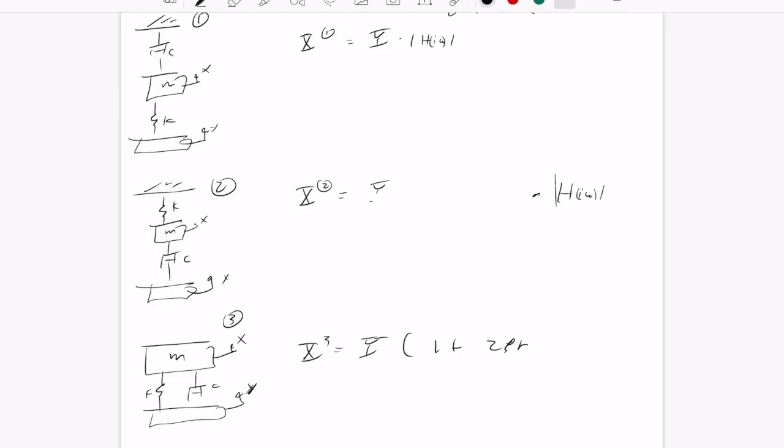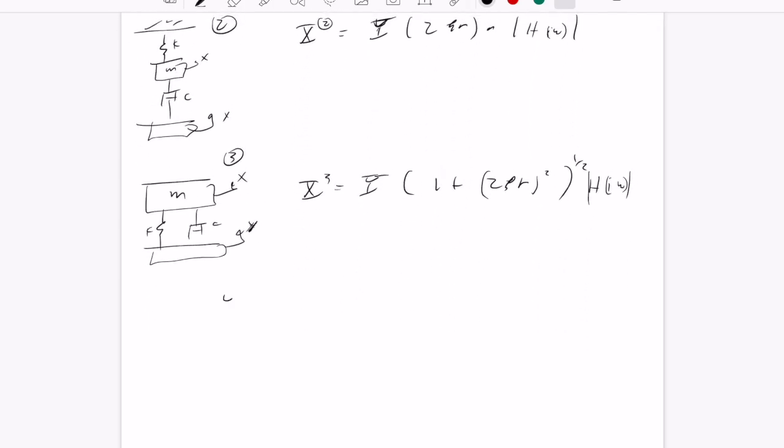This becomes 2 zeta r directly times H(i omega), and this becomes squared, to the 1/2, times H(i omega).